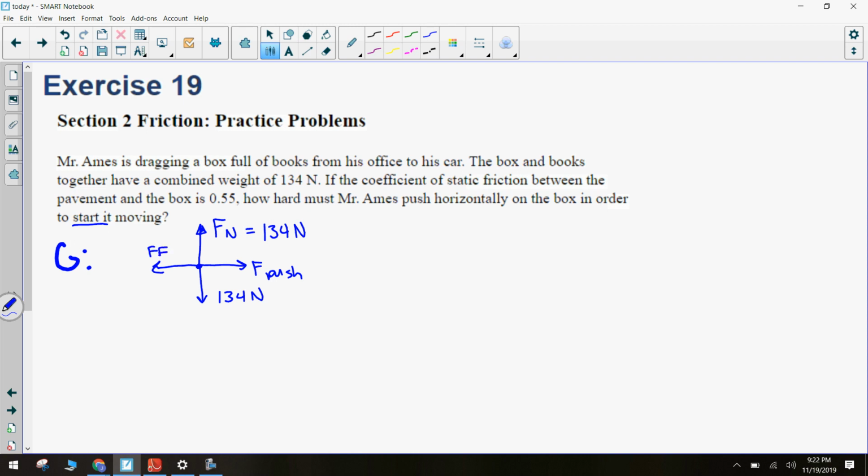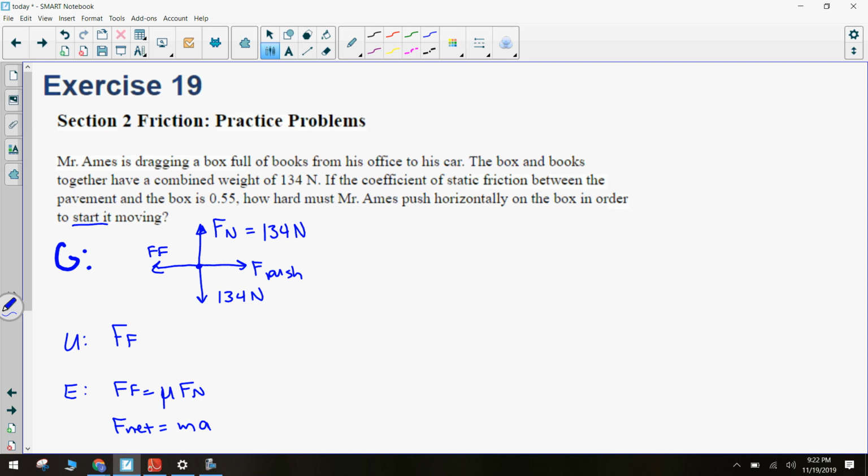Our unknown is this force of friction. We have the equation for the force of friction, which is equal to mu times Fn. Then we'll use Newton's second law, F net equals ma, to solve.